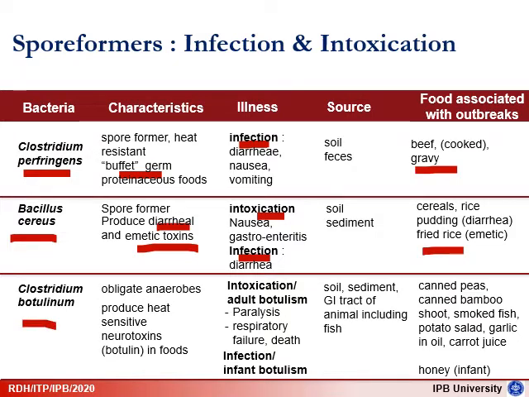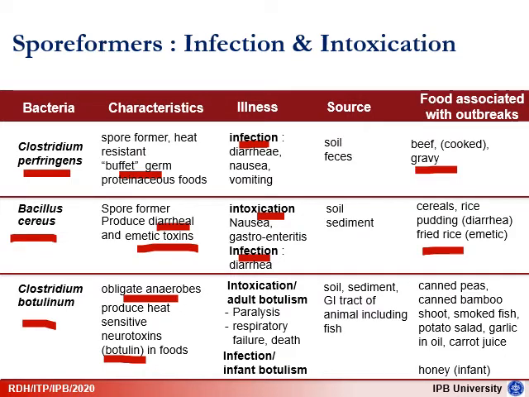Clostridium botulinum is unique because it is an obligate anaerobe, that means it can only grow in the absence of oxygen. It also produces heat-sensitive neurotoxins called botulin that cause paralysis. Intoxication due to botulin is called adult botulism, usually characterized by paralysis, respiratory failure, and may cause death.